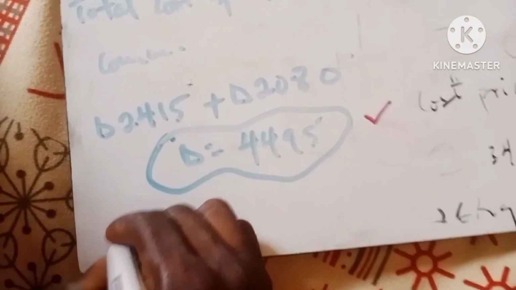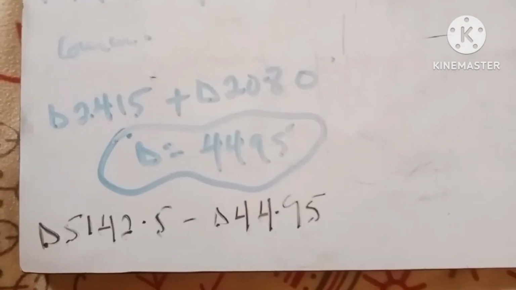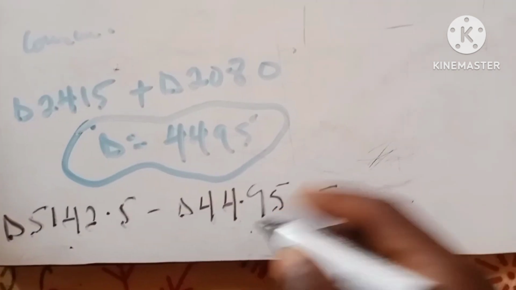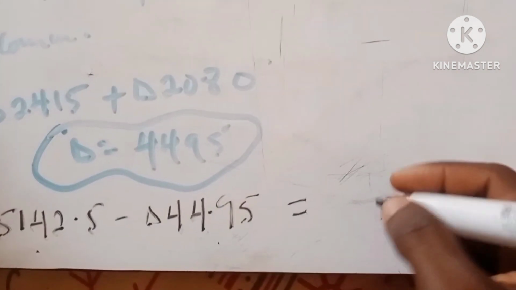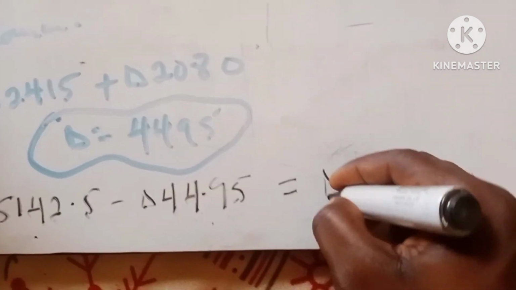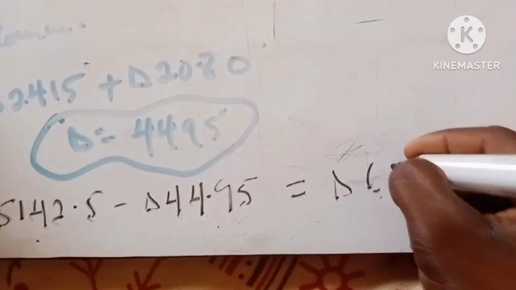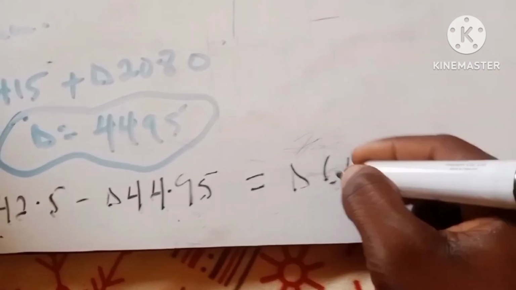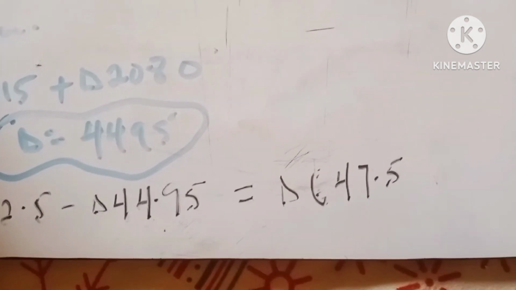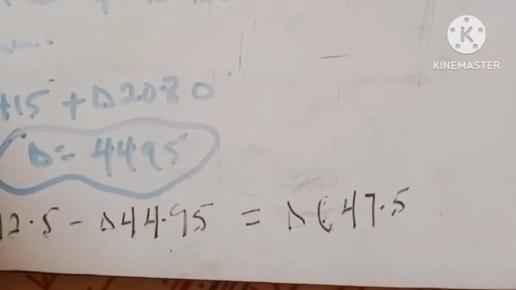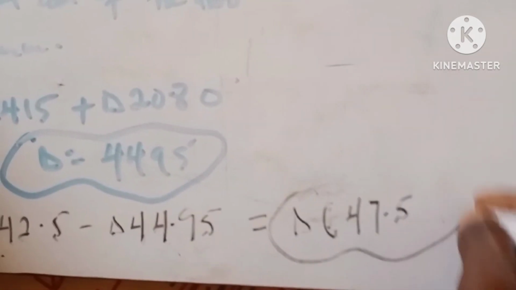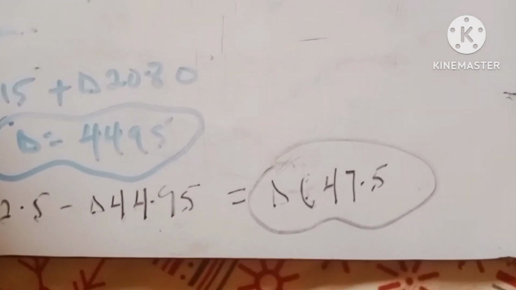So the difference between the two here, that is the selling price minus the cost price, is going to give us the profit, right? So the profit here I had is 647.5, right? Is that okay? So once I have my 647.5 here, this is the profit figure.